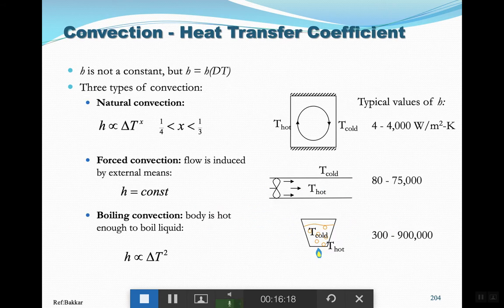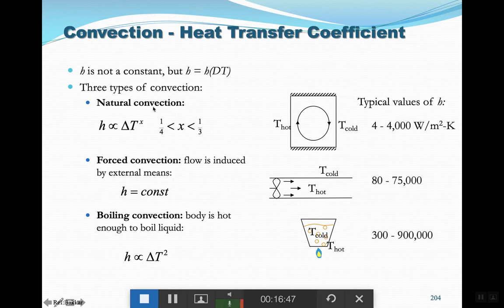The convection heat transfer coefficient can take different shapes, different equations, and different ranges depending on what problem we're talking about. Here are the three most common examples. Of course, in this class we will go through only the first and the second, which are the natural convection and forced convection, and boiling convection is not for our class.